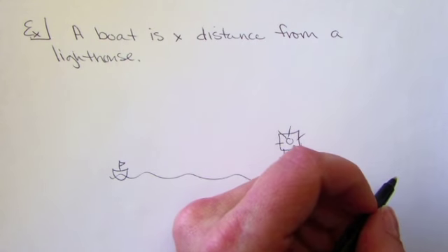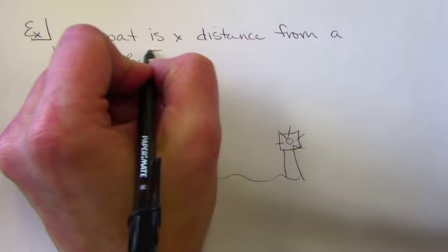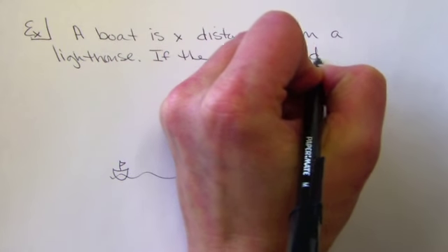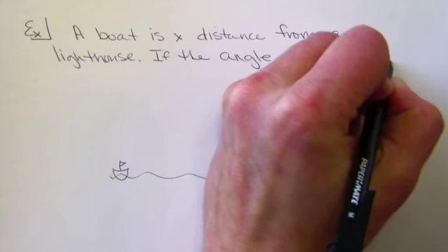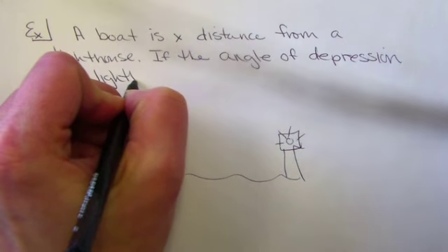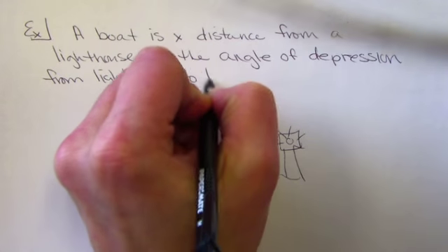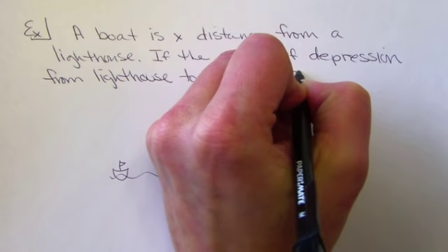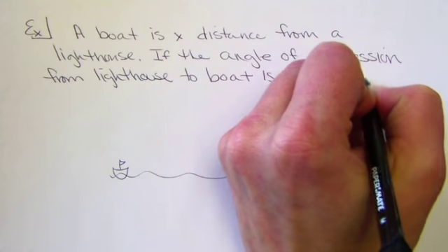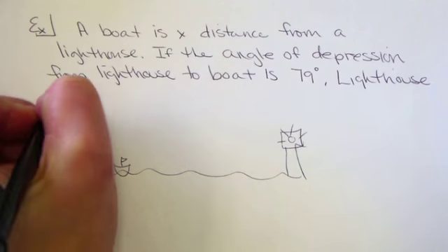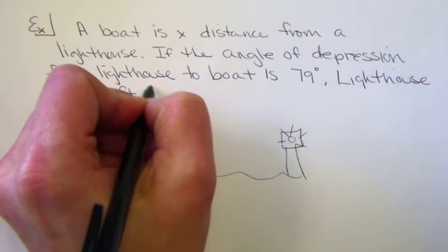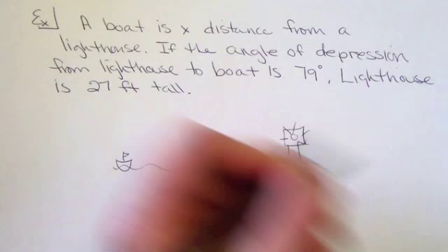Okay? If the angle of depression from the lighthouse to the boat is 79 degrees, and the lighthouse is 27 feet tall, we want to find X.